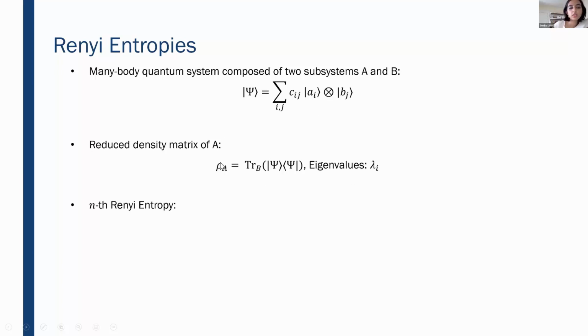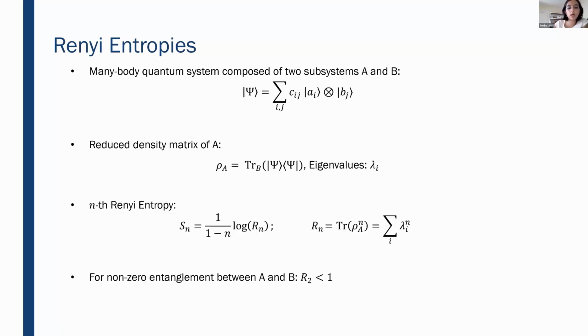And so this rho A is a square matrix, and you can define its eigenvalues. It has real eigenvalues. And then you can define what are called the Renyi entropies.